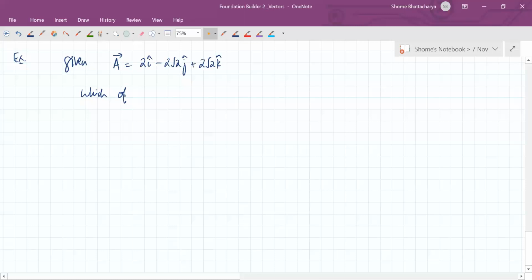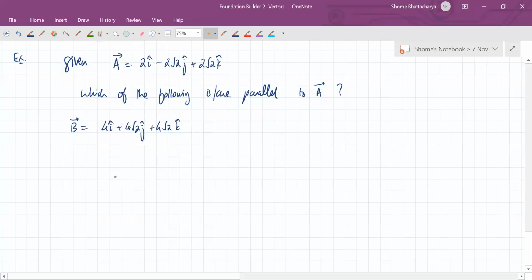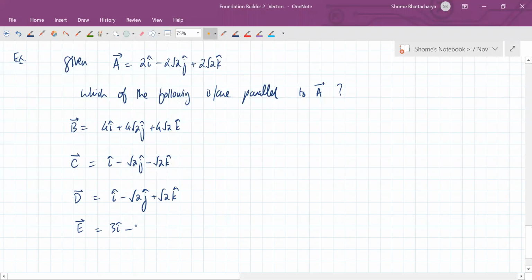Now, which of the following is or are parallel to vector A? Okay, just work this out quickly. Should be pretty simple.